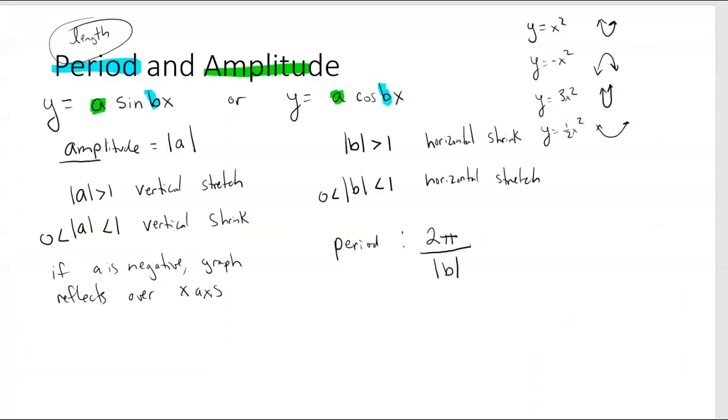So come back here. Okay, so our very first example, let's graph this. So we're going to say y is equal to 2 sine of x, and we're going to graph this over negative 2 pi to 2 pi.